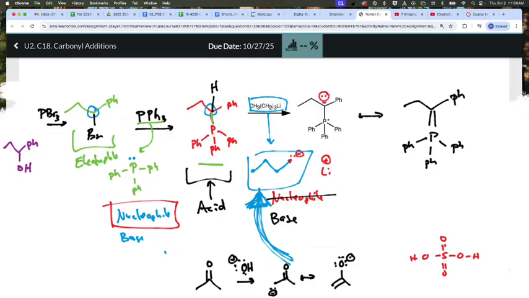When did we expand the octet? Because there's a reason we expand the octet. That's a much harder question. It generally pushes back to Gen Chem. Minimize charge.